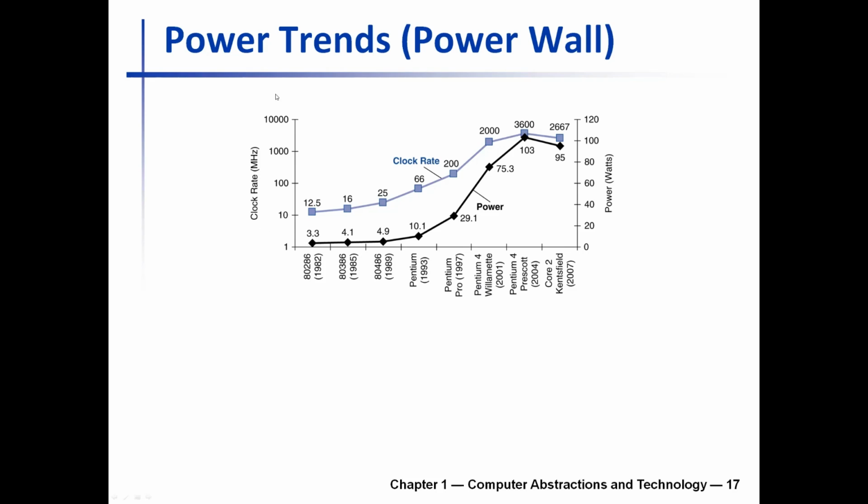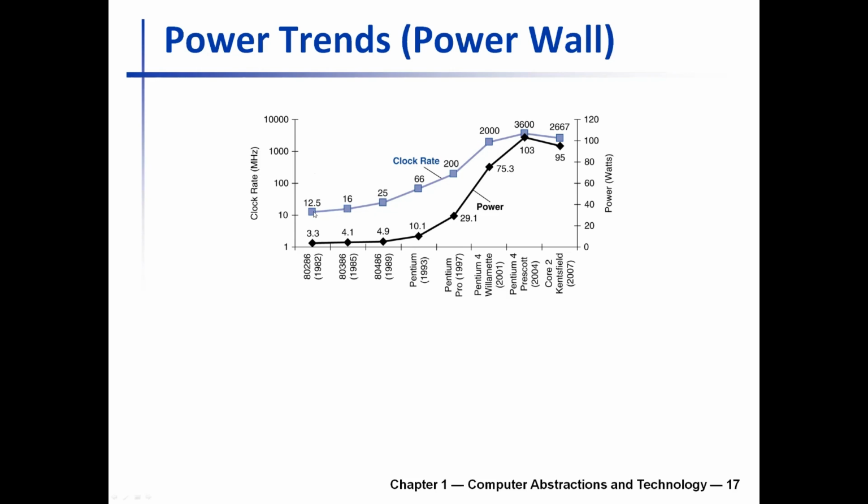The first one is the clock rate of the model processor that we have. And the other one is the power, the power consumption in watts. So as you can see, we kept increasing the number of transistors, decreasing the size of transistors.